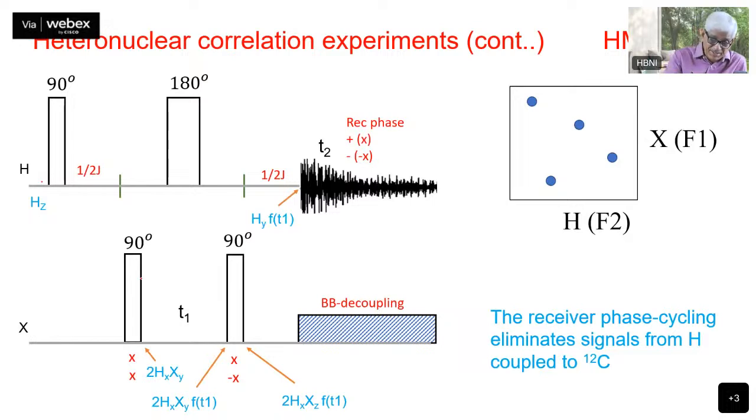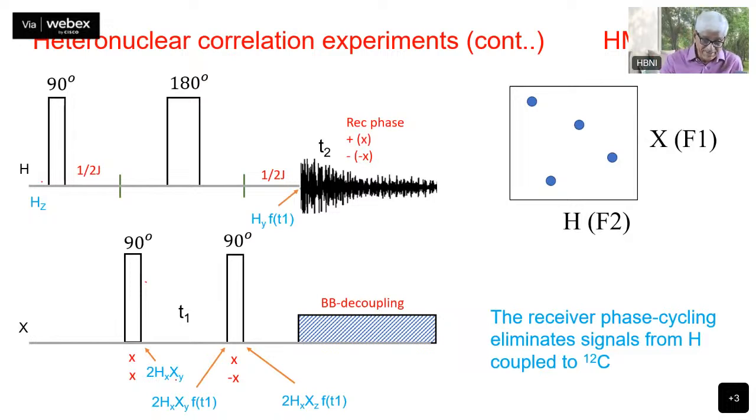Then we apply a 90-degree pulse only to the X channel. Now you don't apply it to the proton. When you apply it only to the X nucleus, you get what is called 2HxSy. 2HxSy is not single quantum coherence. Okay, so you remember earlier what we had in the HSQC? You had HzXy, because we had applied a pulse on both proton and X. And here we have not applied it on the proton.